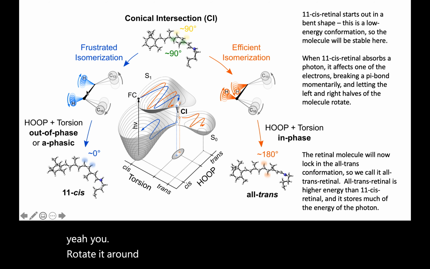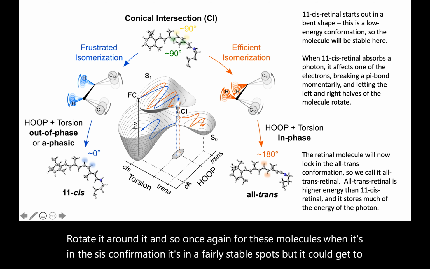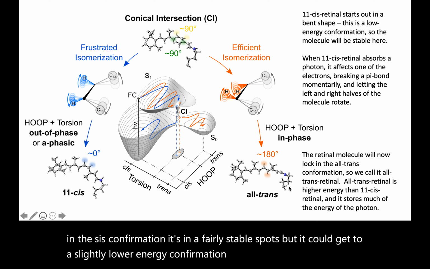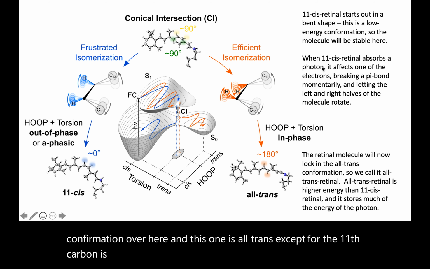And so once again, for these molecules, when it's in the cis conformation, it's in a fairly stable spot, but it could get to a slightly lower energy conformation, which is the all-trans conformation over here. And this one is all trans except for the 11th carbon is cis. So that's why we call this 11-cis retinal, as you can see up here.